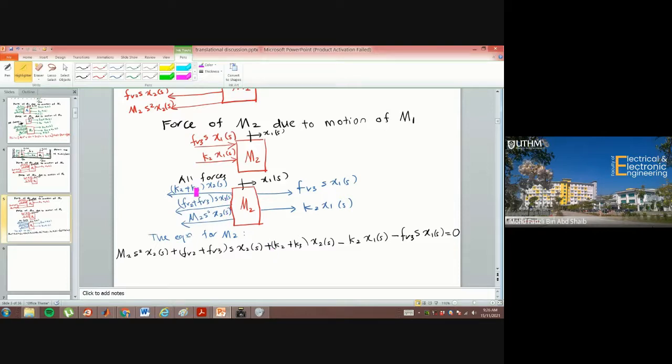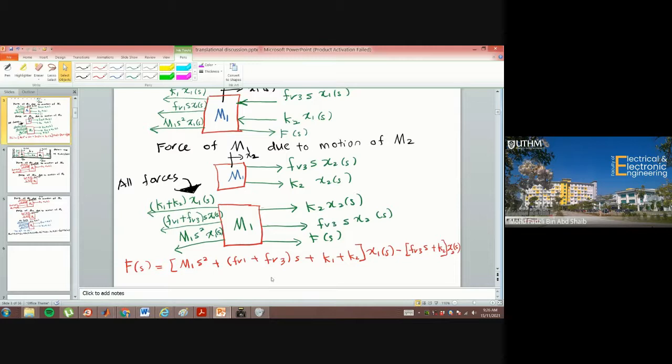Then K2 plus K3 X2S minus K2 X1S minus FV3 S X1S equals 0. This is equation 1.